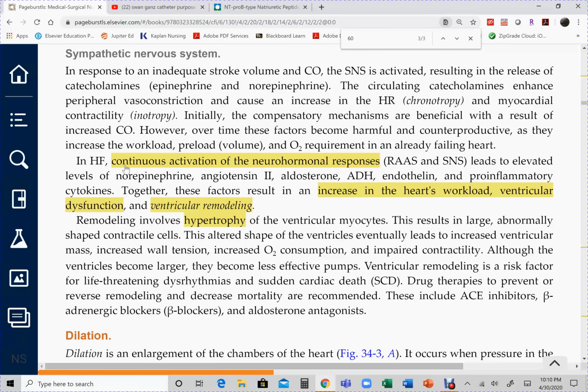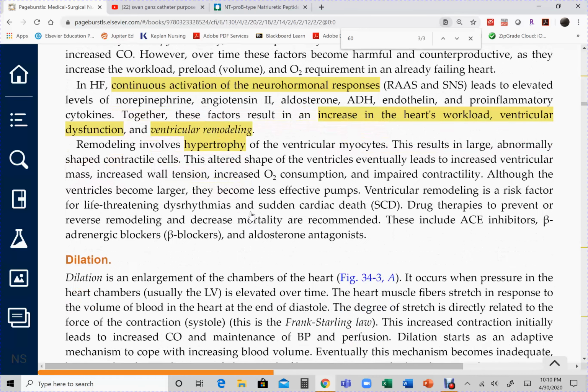This is what I mentioned. If there is continuous activation of the neurohormonal responses, caused again by those conditions listed in table 34-1 and 34-2, it will cause an increase in the patient's heart workload, and therefore there will be dilation of the ventricles as well as hypertrophy.